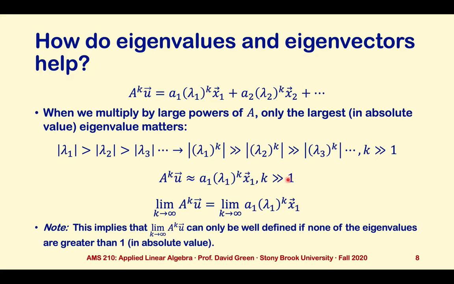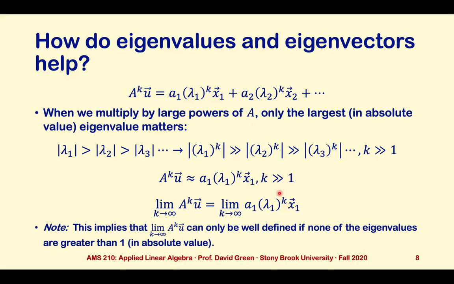K is, say, 100 or 1,000. This approximation becomes an equality in the limit. The limit as k goes to infinity, that is what happens if we take many, many steps in a dynamical system or a Markov chain, is equal to the limit as k goes to infinity of this single leading term.